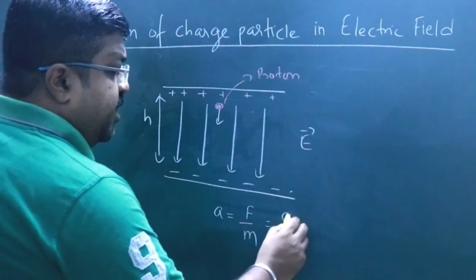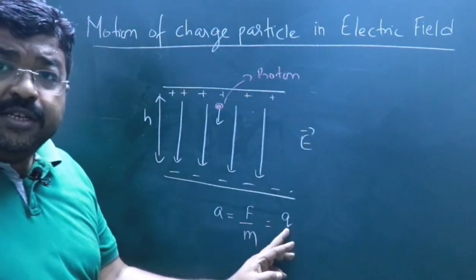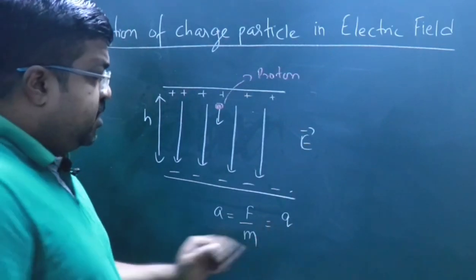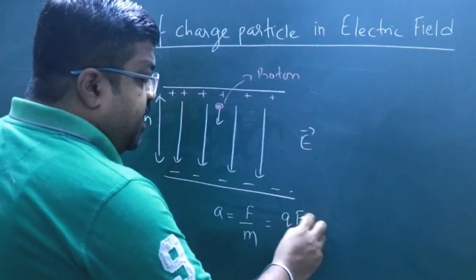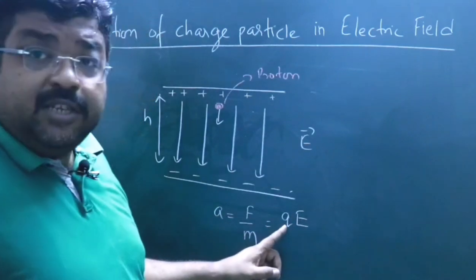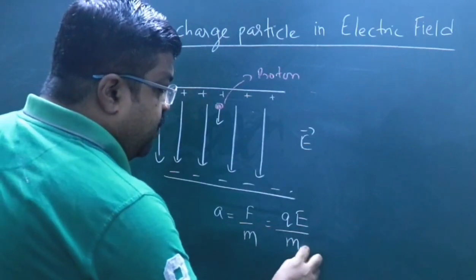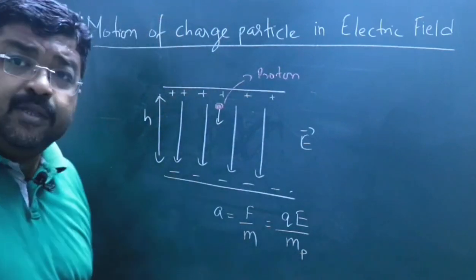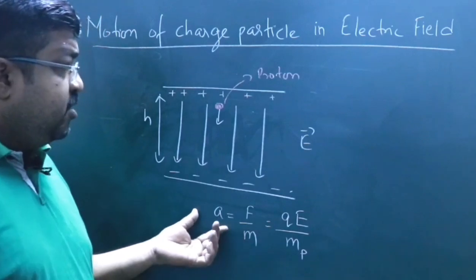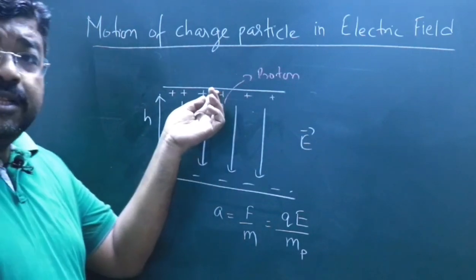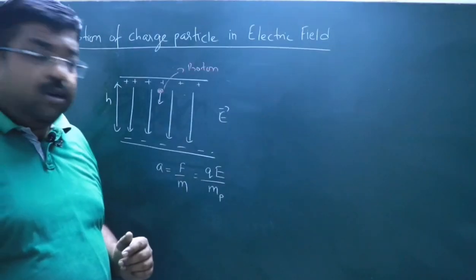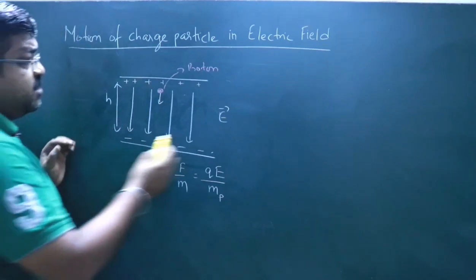Now if we take Q to be the charge of the proton, then this F will be Q times E, force equal to charge times strength of the electric field, divided by the mass of the proton, okay. This is the acceleration of the proton which is moving from the upper plate to the lower plate, okay. So H is the displacement.